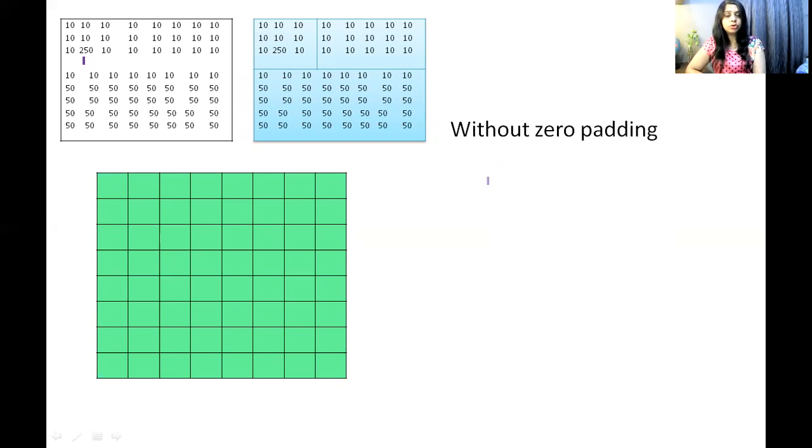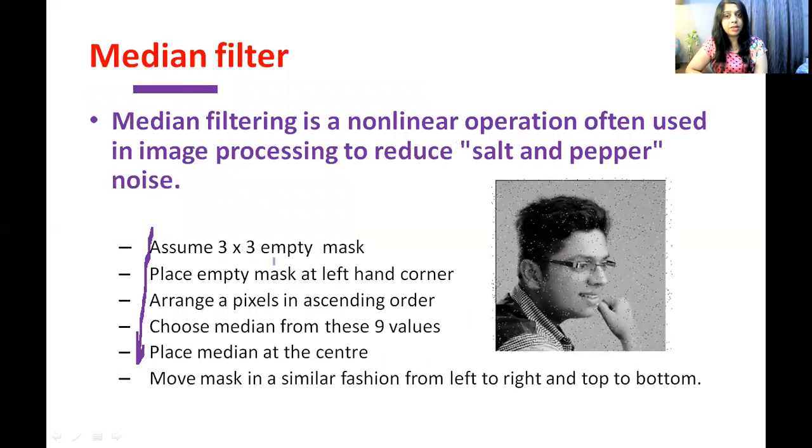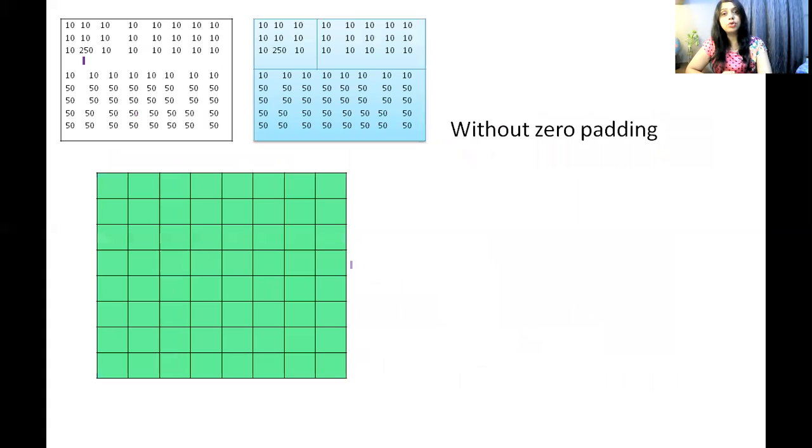What we have to do, the first step, is to assume a 3 by 3 empty mask. In the averaging filter there were values in the mask, that is 1, 1, 1, 1, 1 and divided by 9. Here you have to assume an empty mask, that means a mask with no values, a 3 by 3 mask. Let's overlay the mask at this position.